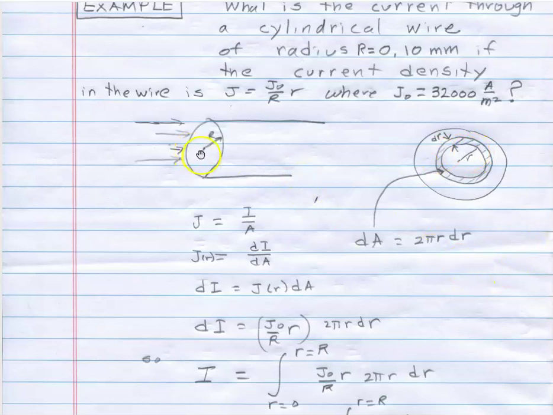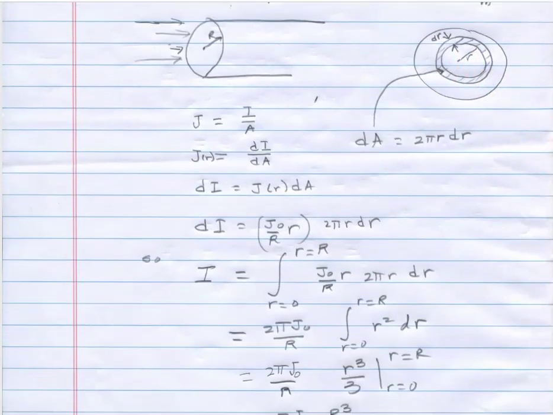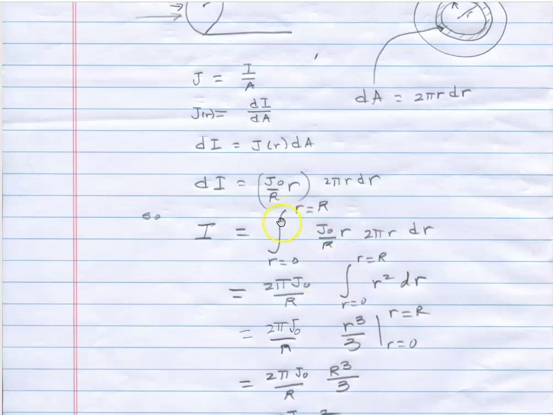And I need to get all of it, so I need to add up all of these dI's through every little ring from little r equal to 0 at the center to little r equal to capital R. And as you know, that's a continuous sum, so there's the integral. I go from little r equals 0 to little r equals big R of everything on this side, which is here.